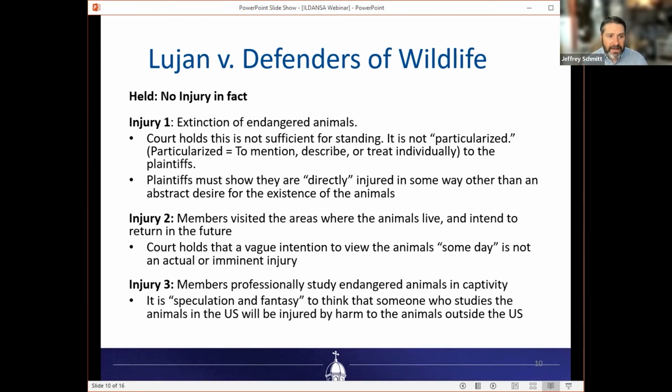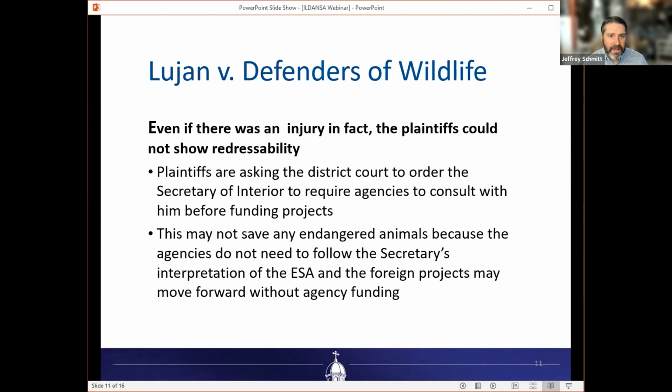Next, there are all these other injuries that the court goes through. I think for timing purposes, I'll skip over that. The court then goes on to our next two elements and says, even if you could show there was an injury, there's no way to show redressability.